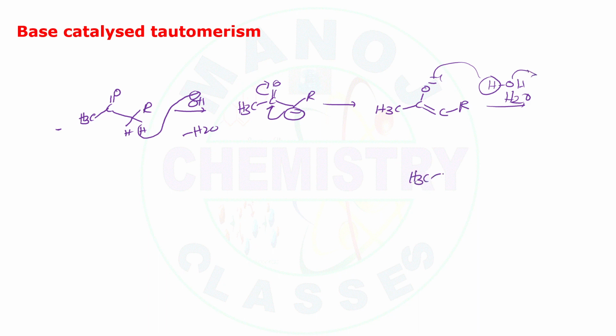Hence CH3 C OH double bond C R, H will be here, or simply we can write a line representation. So this one is an enol form. So this is the base catalyzed tautomerism. So these are the two types of tautomerism, base catalyzed and acid catalyzed tautomerism.